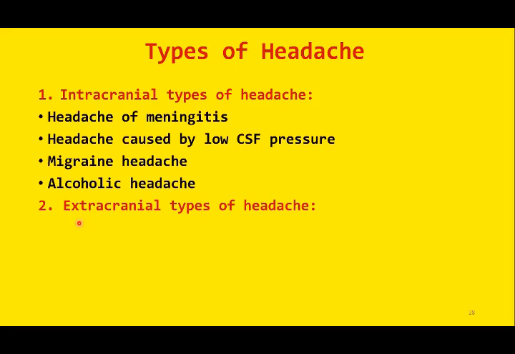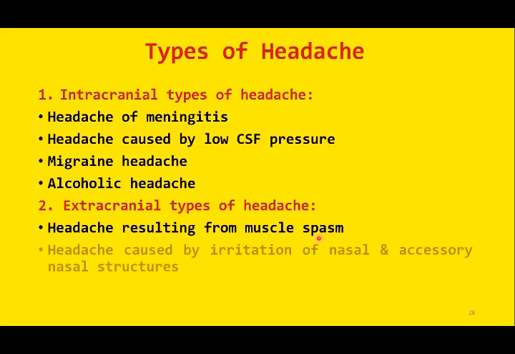Now, if the stimulus is outside the cranium, outside the head, such headache will be labeled as extracranial headache. For example, headache resulting from, right? Now, if the source of stimulus is located within the nasal cavity, again extracranial headache.